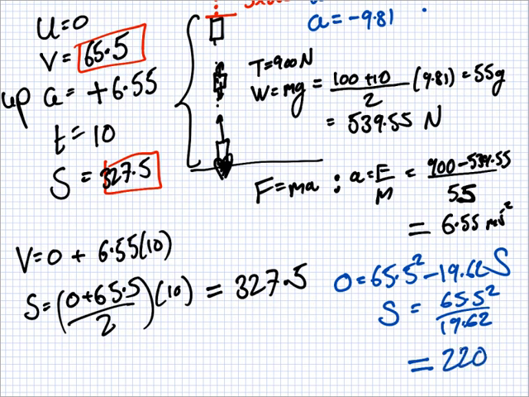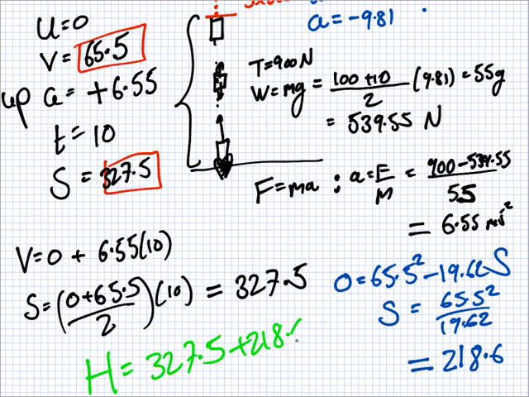I was close. 218.6. So our final answer is that the maximum height would be 327.5 plus 218.6, giving me roughly, yeah, I wrote 547 in the book.